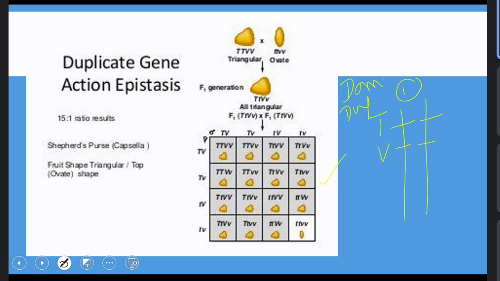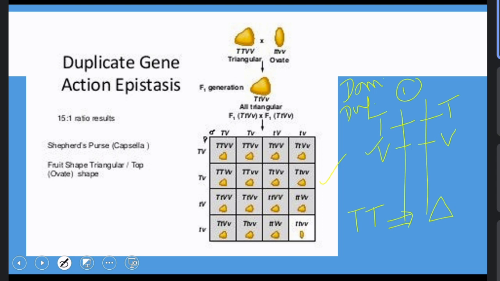T and V. On the first locus there is capital T, and on the other locus there is capital V. The first locus, capital T, produces the triangular shaped fruits.